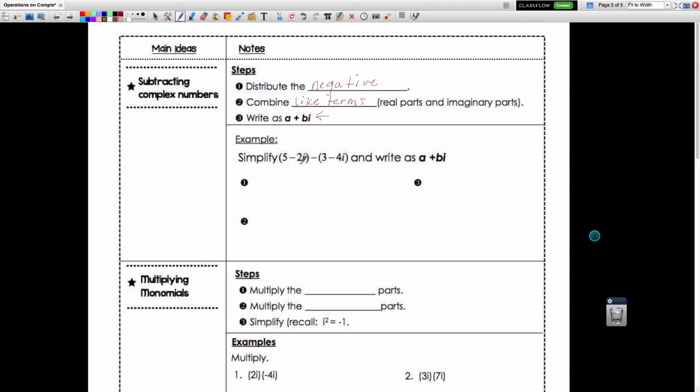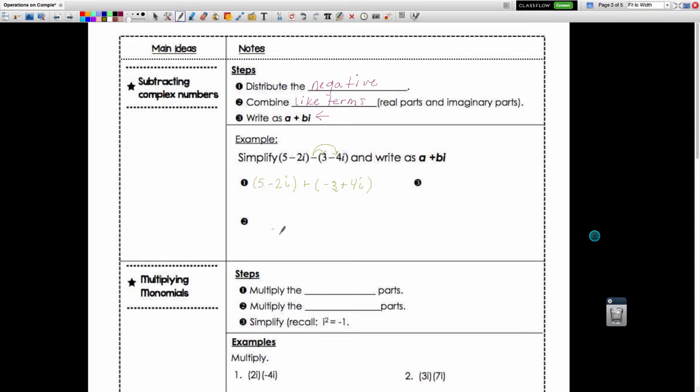So we have 5 minus 2i minus the quantity of 3 minus 4i. Well, this actually ends up looking like 5 minus 2i plus a negative 3, because we distribute that, and we distribute it there, so it's plus 4i.